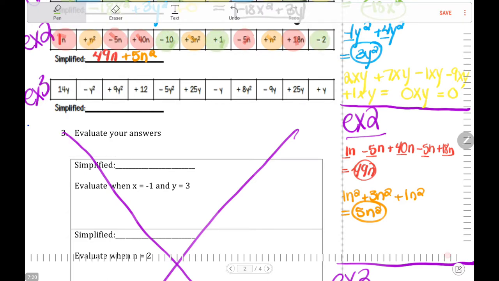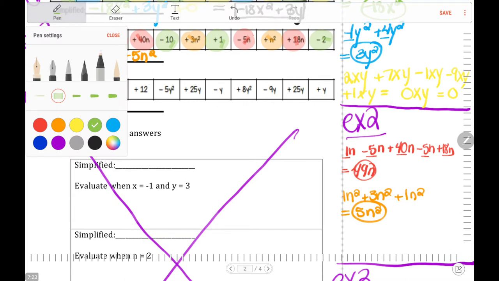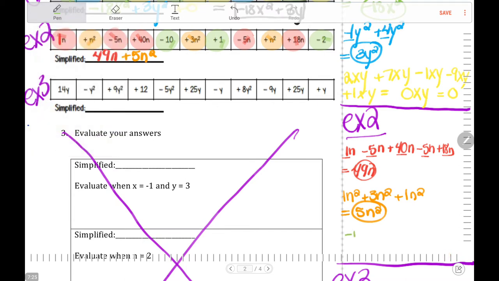Negative 10, 1, negative 2. Those are also going to get grouped together. And that gets me negative 11. And that also goes in my answer. So my final answer is 49n plus 5n squared minus 11. And that is fully simplified. Why don't you go ahead and try example number 3.